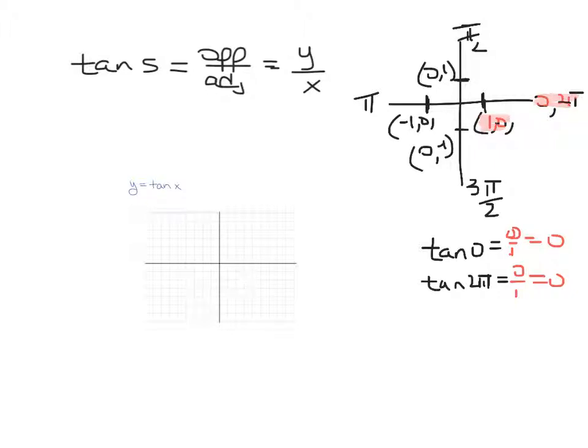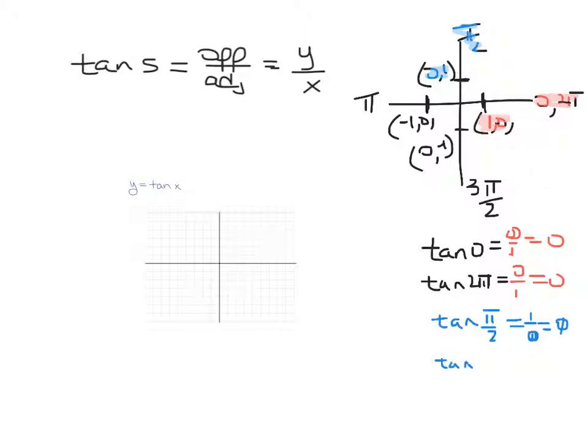Then if I did tangent of pi over 2, I would use this order pair. And then I could get tangent, just to show you how we're going to get this graph. Tangent of pi over 2, y over x. Notice I get a 0 in the denominator, so it's undefined at pi over 2. Same thing for the 3 pi over 2.